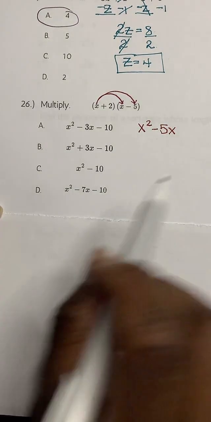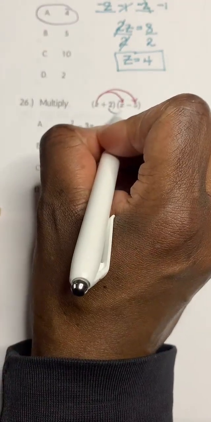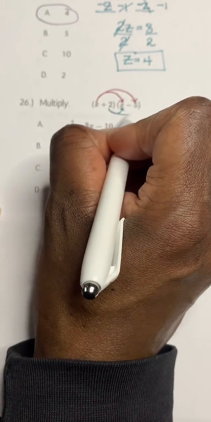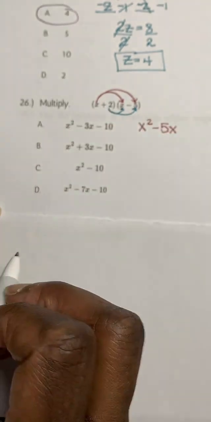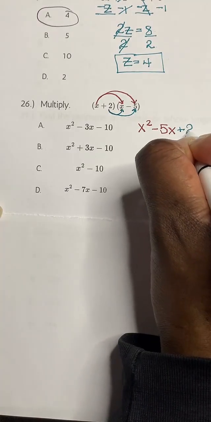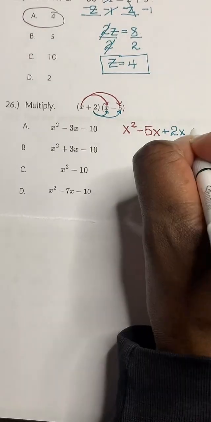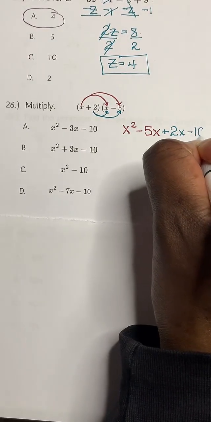Now we're going to take this positive 2 and distribute that to everything inside the parenthesis. So 2 times x gives me a positive 2x, and 2 times negative 5 gives me a negative 10.